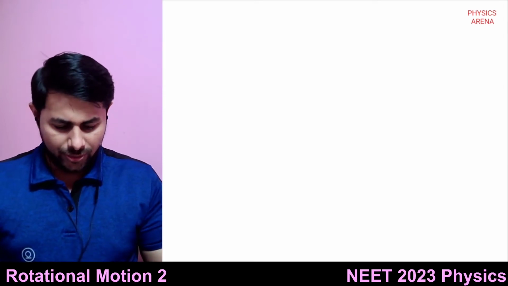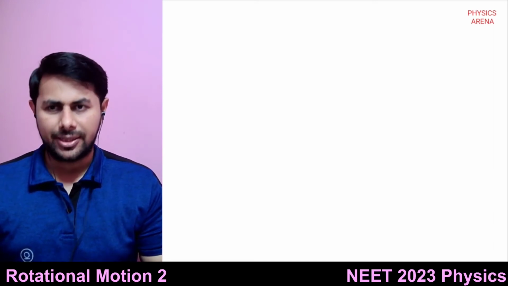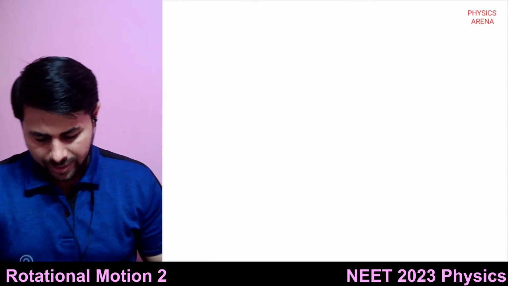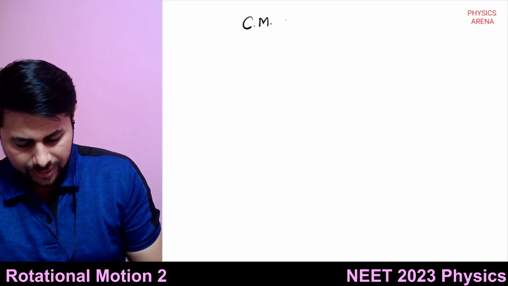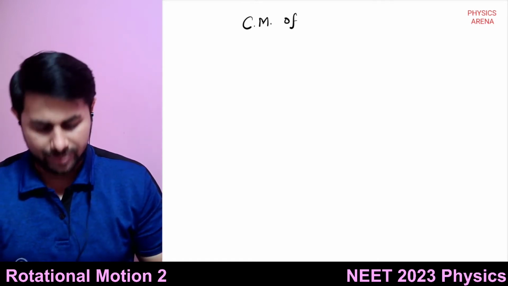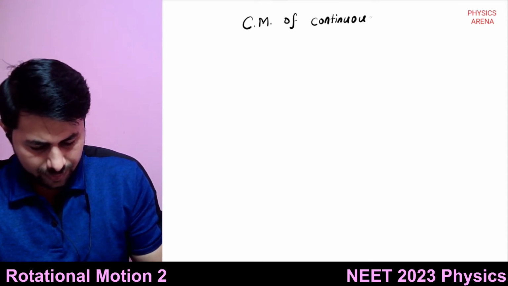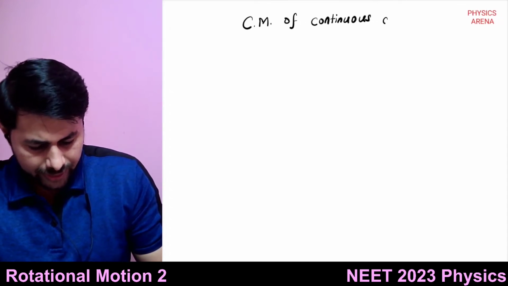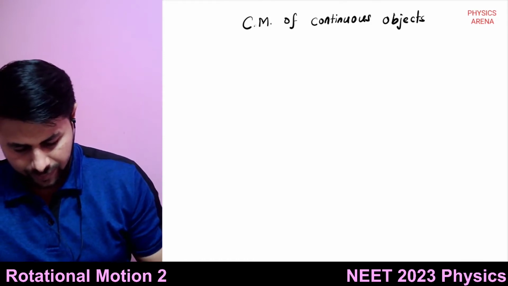Okay, so till now we talked about the center of mass of discrete particles, right? So now let's see how to find out the center of mass of continuous objects, or continuous bodies you can say.